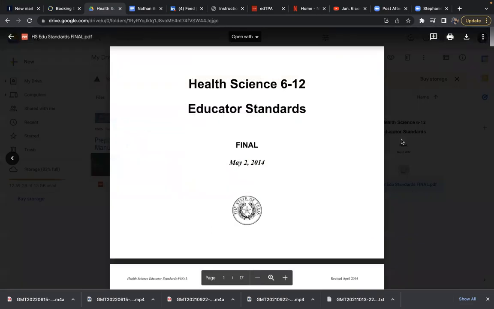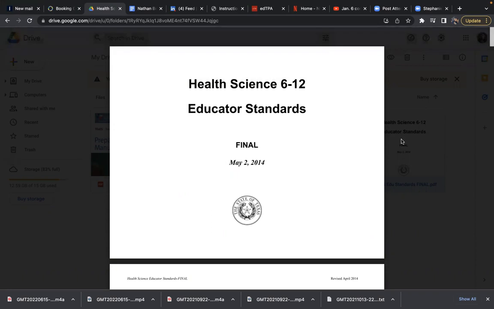Okay, so remember, this is the health science standards document that the test maker was referring to. And they're saying of this domain, these are the standards that we focused on for these questions. And of this domain, these are the standards, and so on and so forth, and how much they're measured.